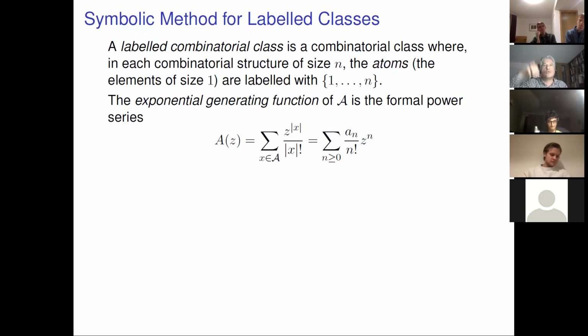But if we were to label them from the numbers 1 to n, you could distinguish them. And in general, when you can distinguish the atoms that form the structure, if you have n atoms in a particular structure, you have n factorial ways to label.